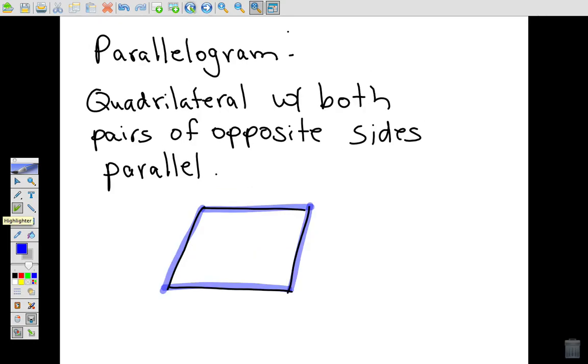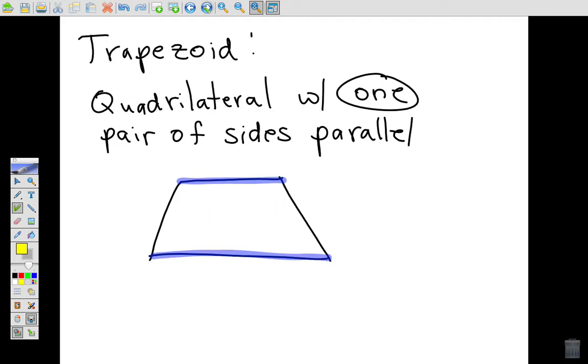Parallel means the sides will never touch. So just to emphasize that, this side and this side, if those sides kept on going, are never going to touch, they're parallel. And the same thing with this side and this side, they're parallel. Over here, these are parallel, they'll never touch. But the other two sides would touch if they kept on going.